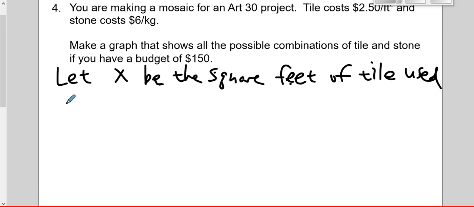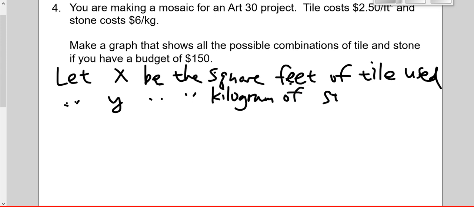And then you can say the same thing. Let y be the kilograms of stone used in the mosaic.